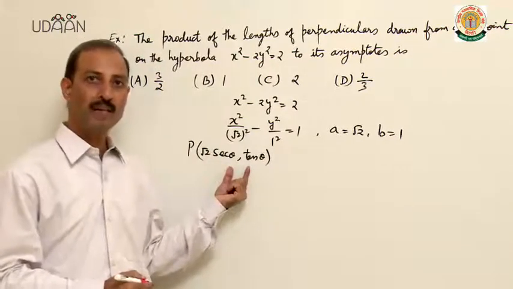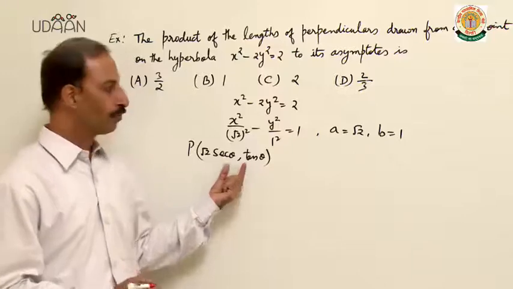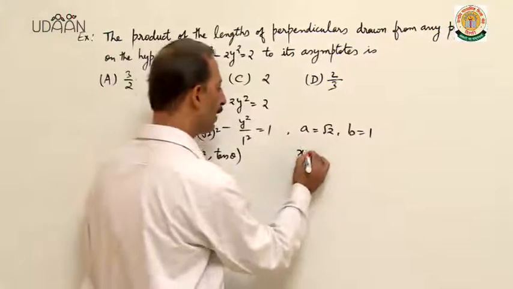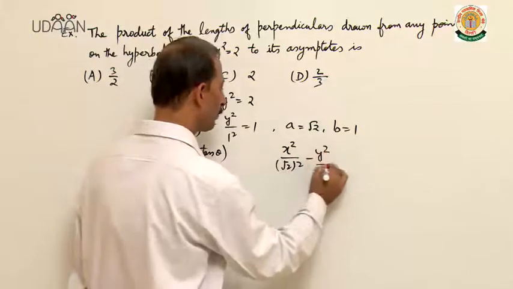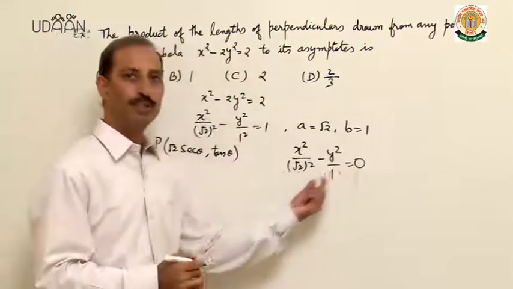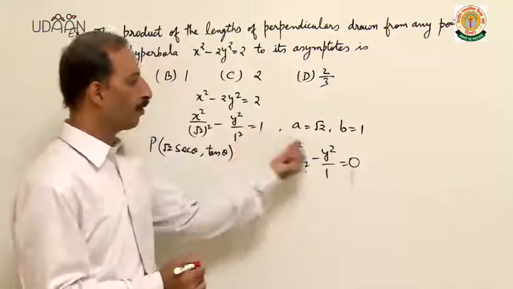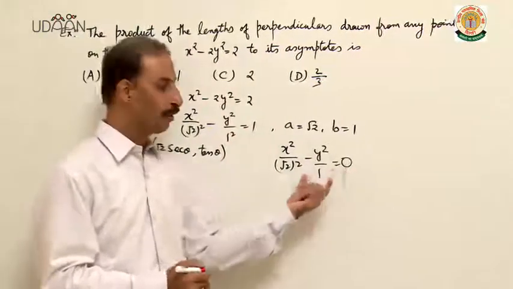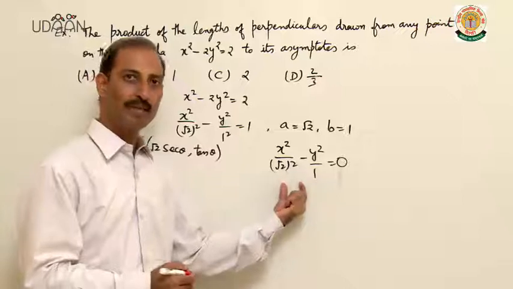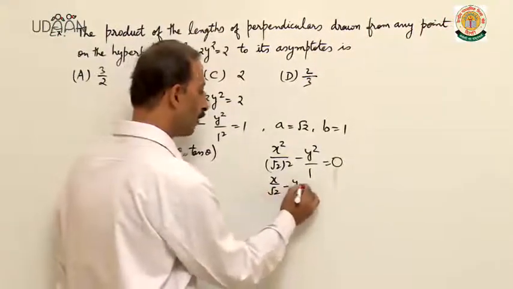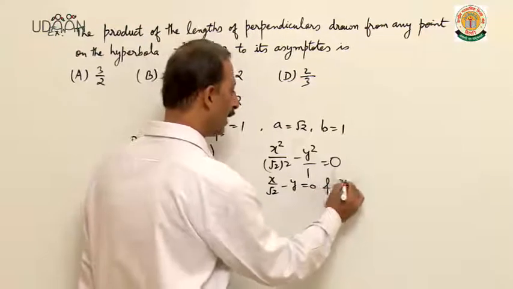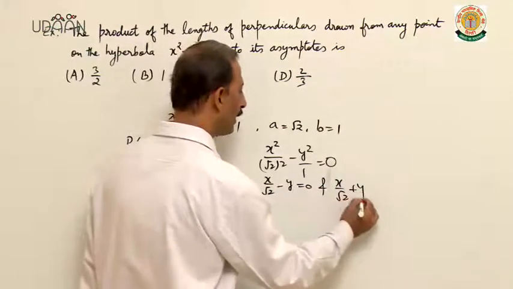Now what is the combined equation of asymptotes? The equation of asymptotes is this one, only the constant term differs. This is the equation of asymptotes. Now the separate equations of the asymptotes you can find: x upon root 2 minus y equals 0 and x upon root 2 plus y equals 0.